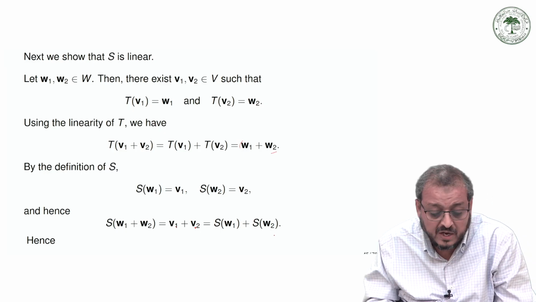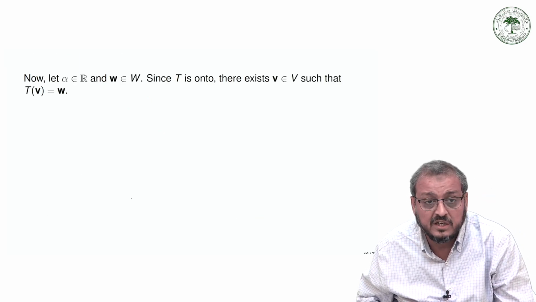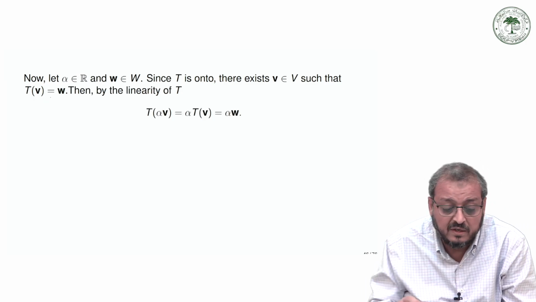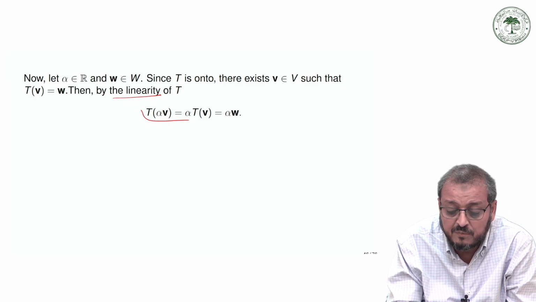Okay. Now we show the scalar multiple. T of V is equal to W. Then by the linearity of T, this can be written in this form.